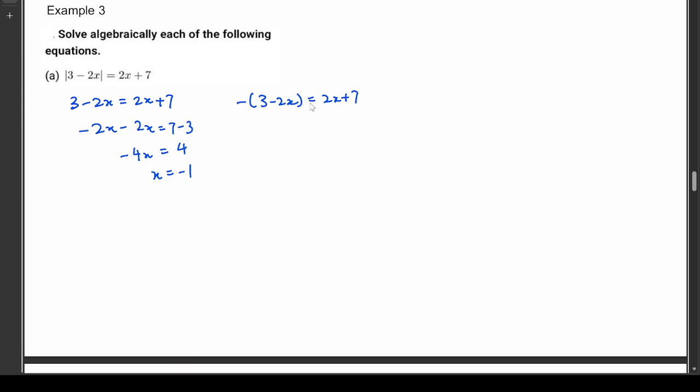And you solve the other case here. You can bring it over or you can expand, multiply into the bracket.